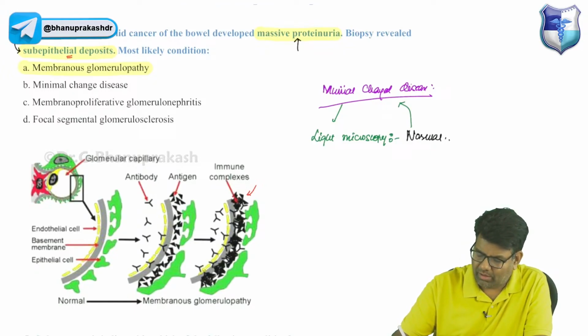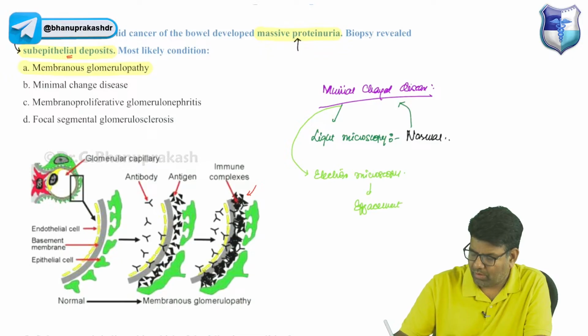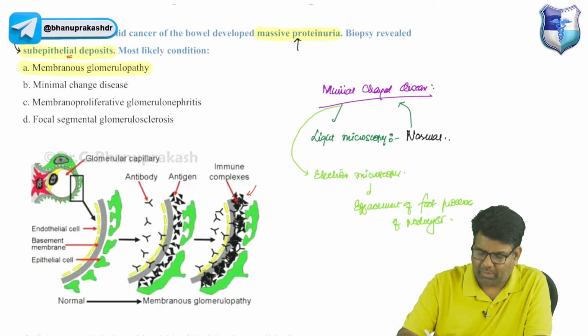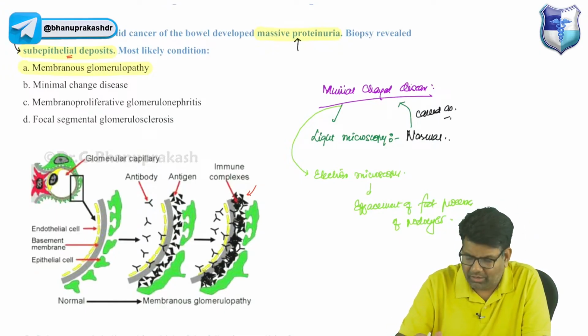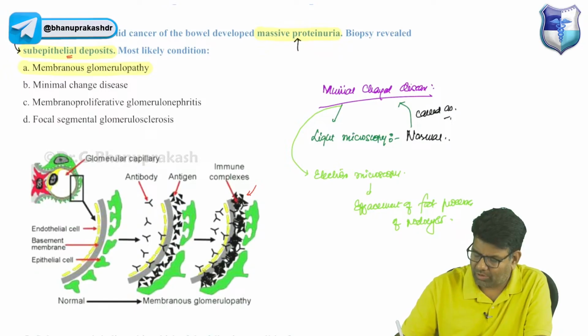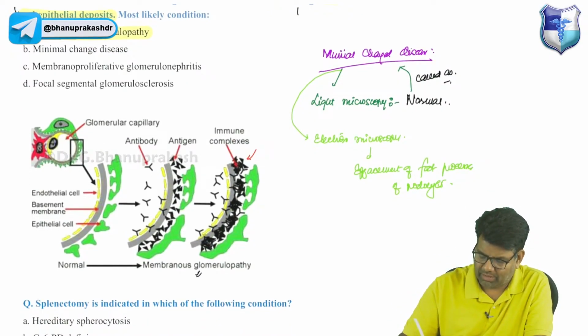But when the same sample was examined by electron microscopy, it was noticed that there is effacement of the foot processes. So just looking at light microscopy, it was normal, so it was called minimal change disease. That was the history behind this nomenclature. But on electron microscopy, you will see that the foot processes fuse and flatten. Subepithelial deposit, please remember MGN.